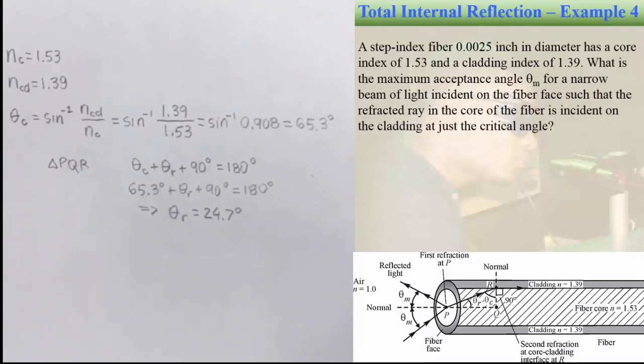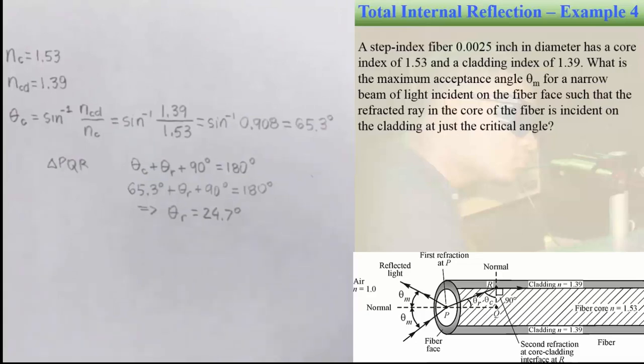So we want to figure out this cone that angle theta M makes. As long as we are within that cone defined by the angle theta M, all the light that's being launched into the core is going to be characterized by the total internal reflection.